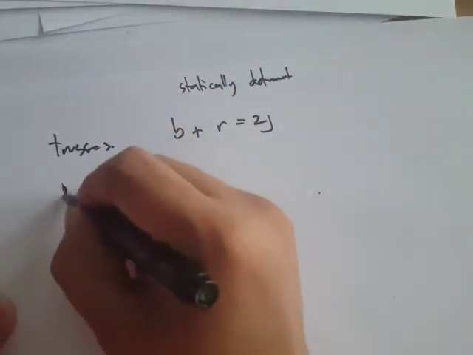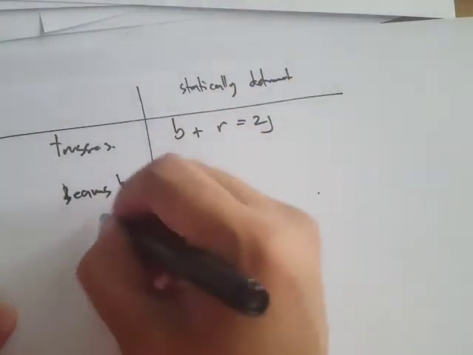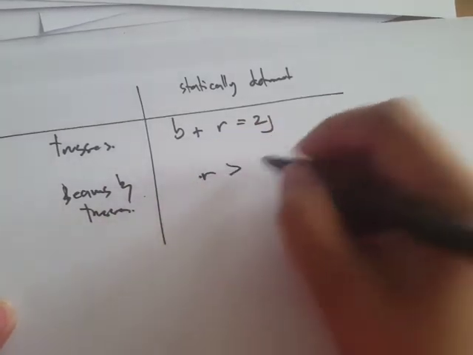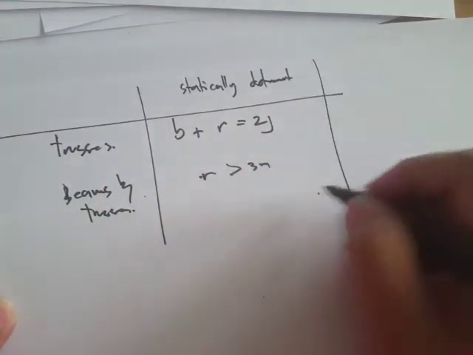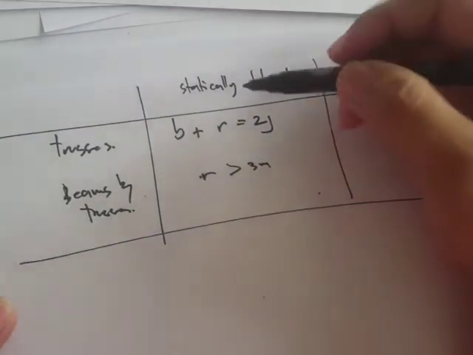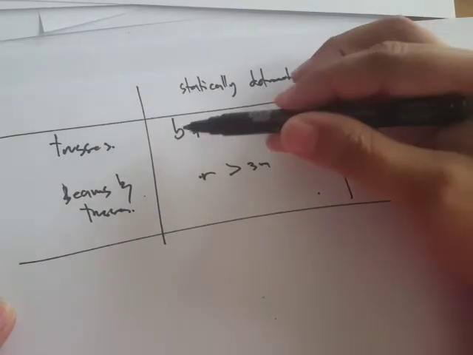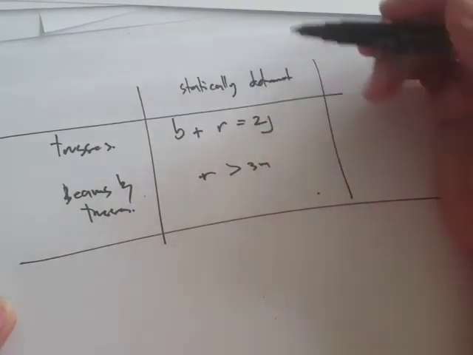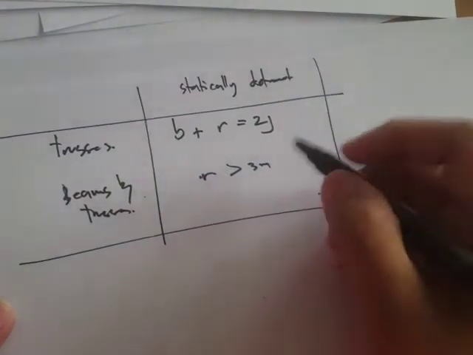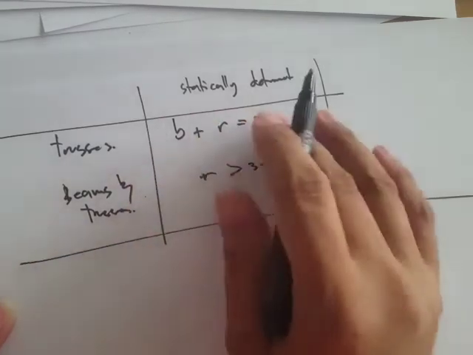And then for beams and frames, it's gonna be R, okay, greater than 3 and stuff like that. Okay, so the reactions plus the number of members. Okay, if it's equal, then that's statically determinate.